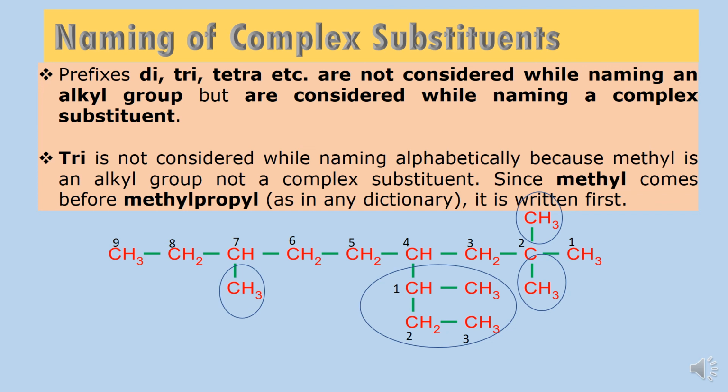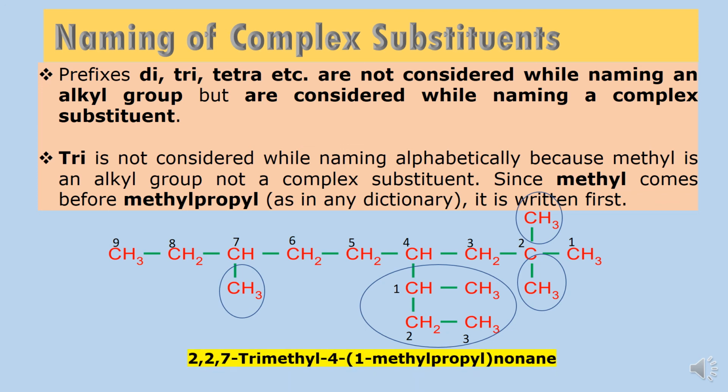Next compound we have 1 complex group and 3 methyl groups. So here we need not to consider this trimethyl, the T of the trimethyl groups, for deciding the alphabetical order. Only the complex substituent whose name starts with di-tri are to be considered while considering alphabetical order.